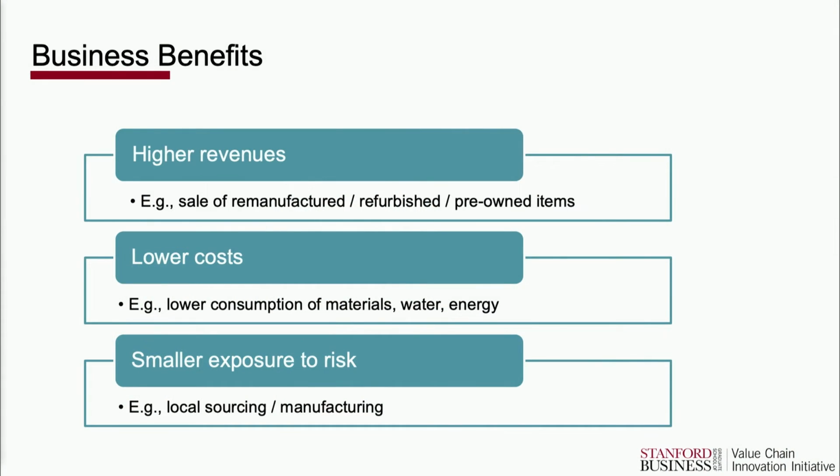So as those examples illustrate, in addition to the environmental benefits, circular initiatives can also bring with them a number of business benefits, including higher revenues, lower costs, and smaller exposure to risk.